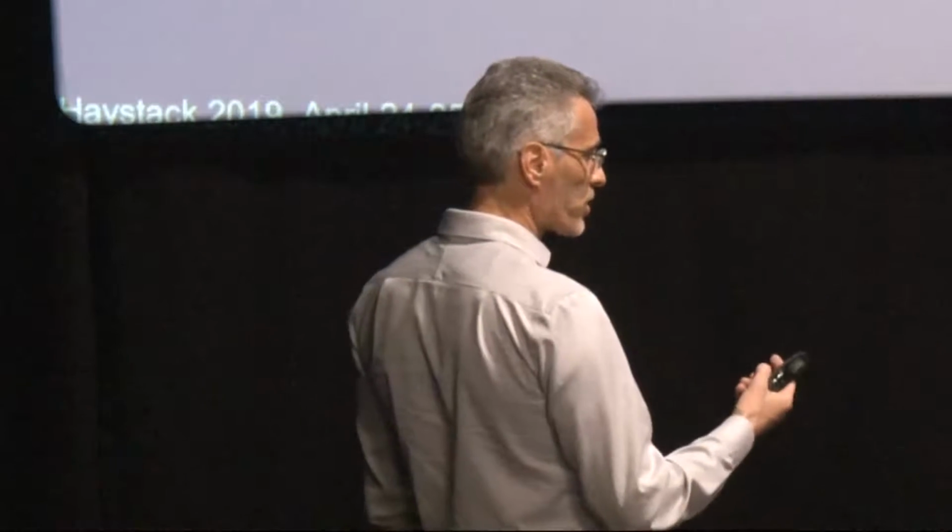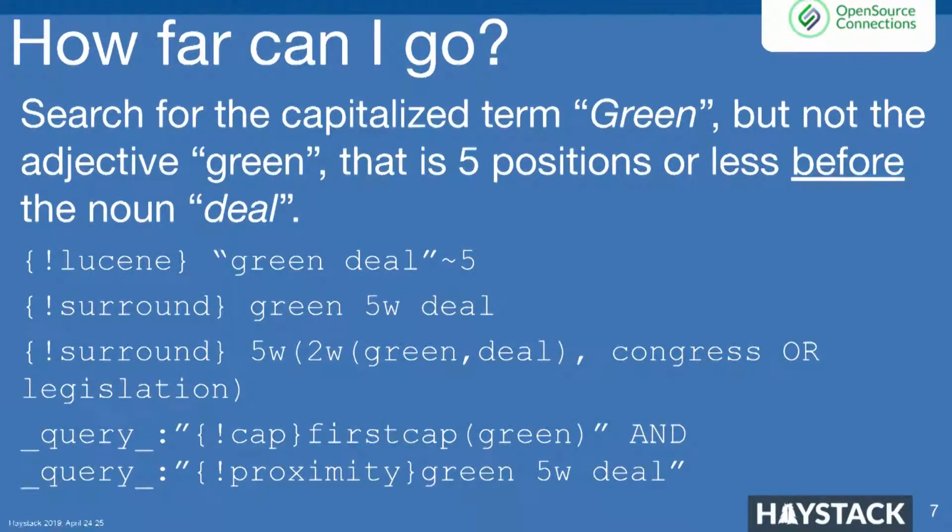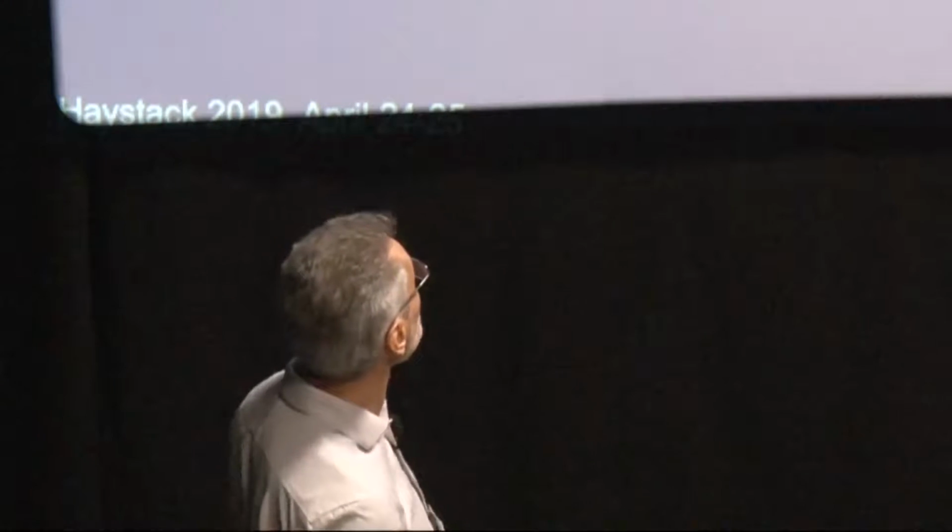And I guess the next question, as you contemplate how your users search, is how far can I go? For example, let's say you want, as a wink to this Green New Deal legislation that Democrats proposed in Congress a couple of months ago or so, what if you look for the capitalized term Green, because you're looking for that Green New Deal, but not the adjective green, not the lowercase, that is 5 positions or less before the noun deal, right?